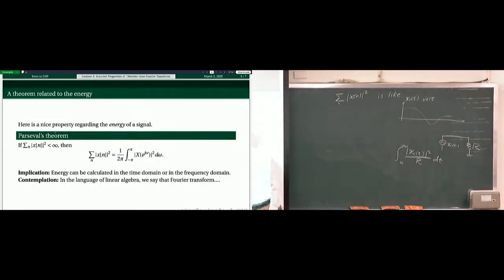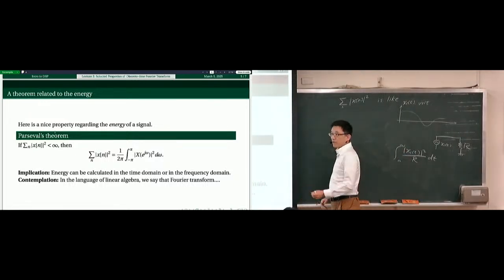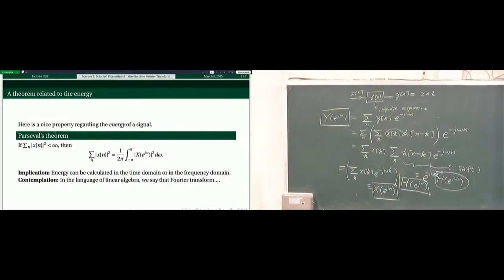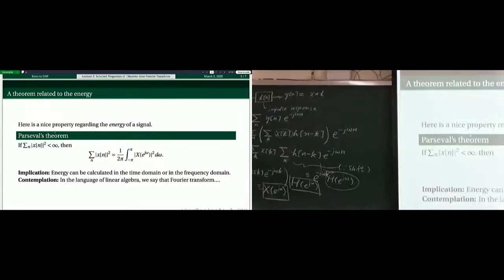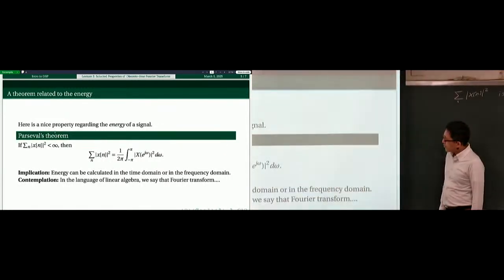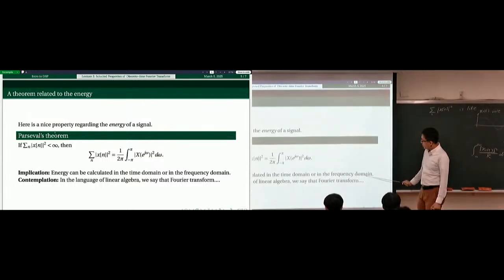Sum of square in time equals the integral of square in the frequency, and there is a factor of 1/2 pi.